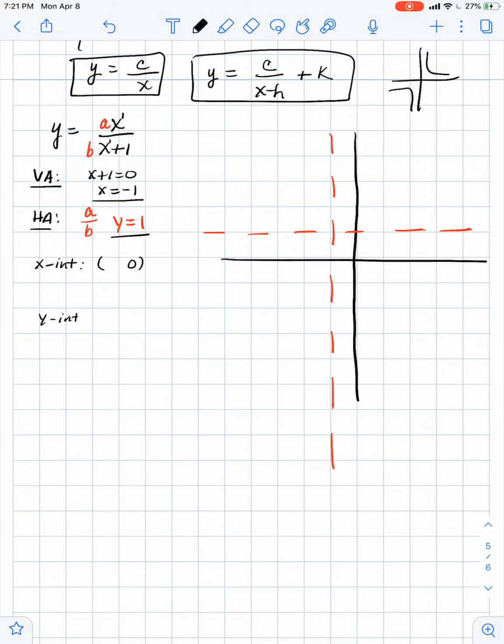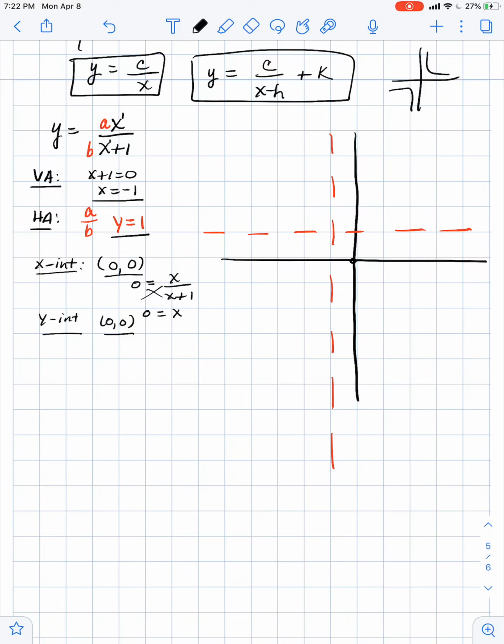Well, when I put a 0 in for the y up here, I get this equation. If I cross multiply, I'm going to get 0 times x plus 1, which is just 0. And so I know that x is also 0. So my x-intercept and my y-intercept in this case are both 0, 0. Okay? So I can go ahead and draw that in at 0, 0.